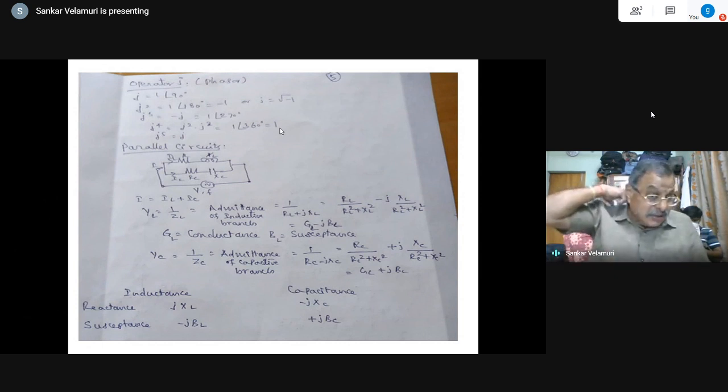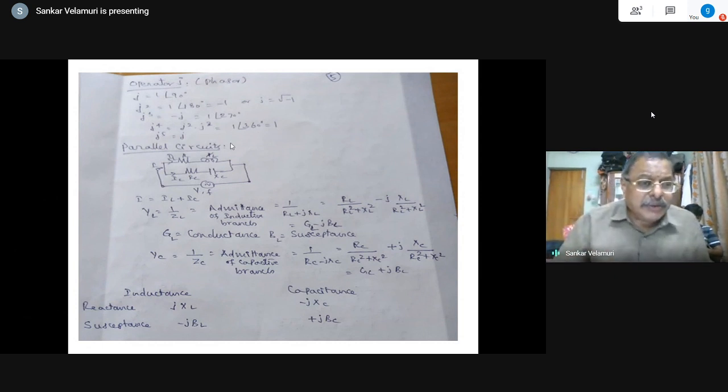So one complete revolution is 1 at angle 90, 180, 270, 360, representing the rotation in terms of phasors using this notation. So minus j implies a 270 degrees rotation without changing the magnitude. Okay, like that.